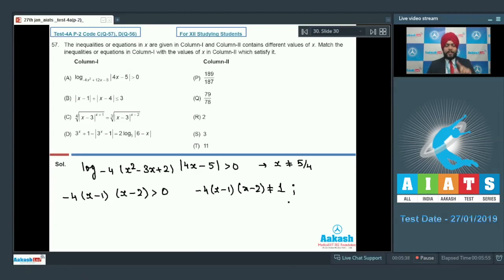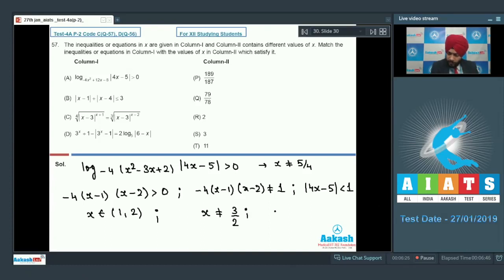The last condition will be, after solving the inequality, the base is always less than 1. So we'll have modulus of 4x minus 5 less than 1, and the inequality will be reversed, since anything raised to power 0 is 1. So from here we have x belonging to 1 to 2. From here we have x not equal to 3 by 2.